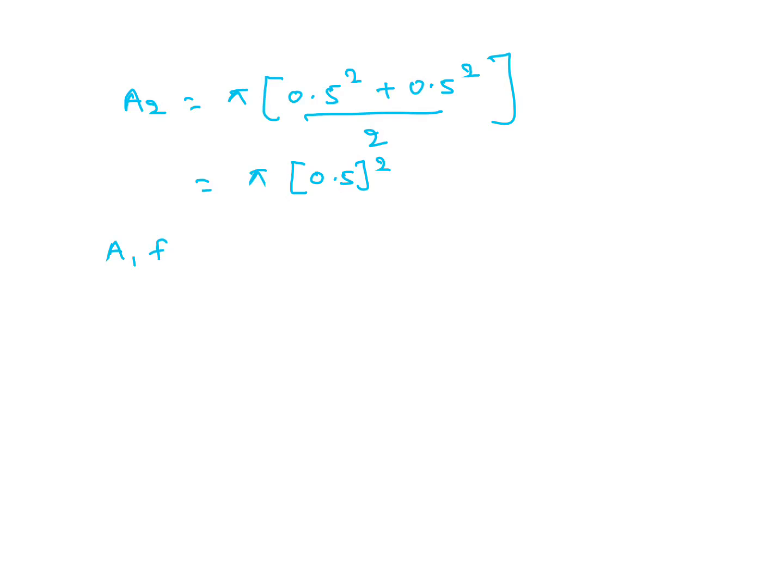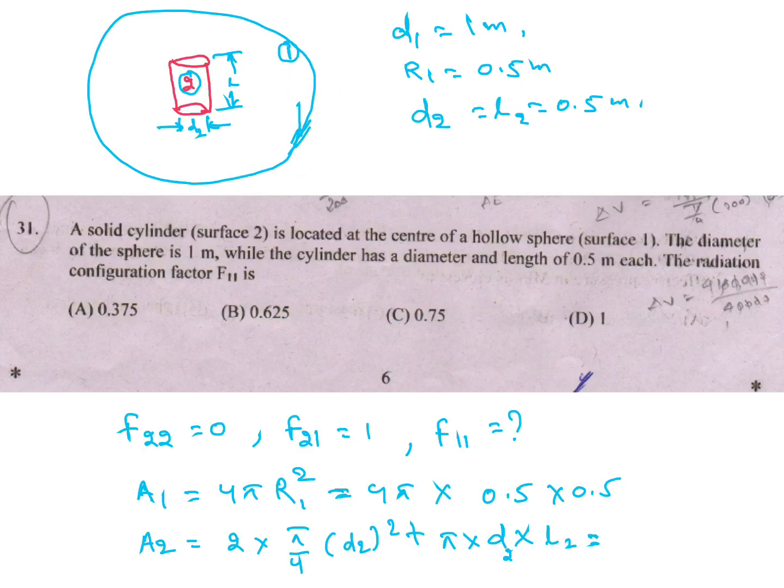A1 into F12 equals A2 into F21. So F12 equal to A2 by A1, F21 is 1. Already told F21 is 1.